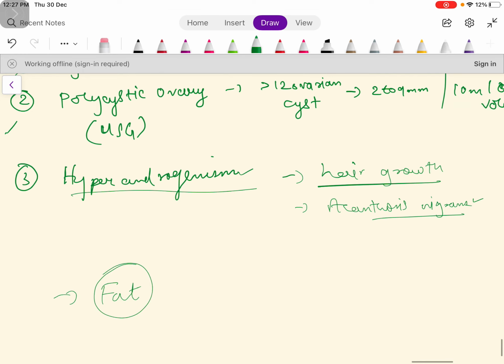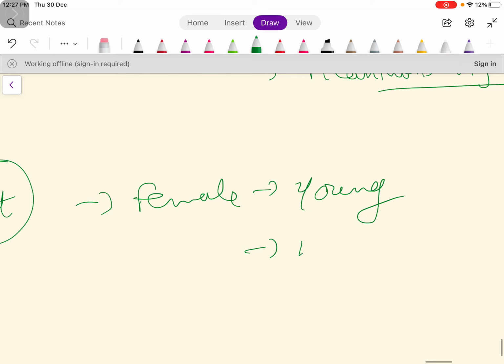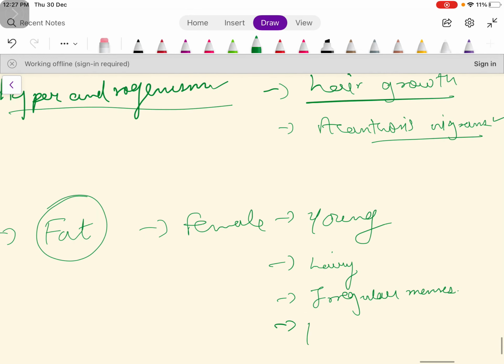And you will see that the female will be fat, a young fat female, hairy, with irregular menses, right, and pigmentation in the body.